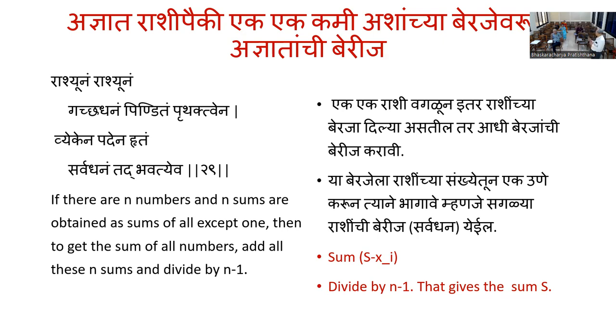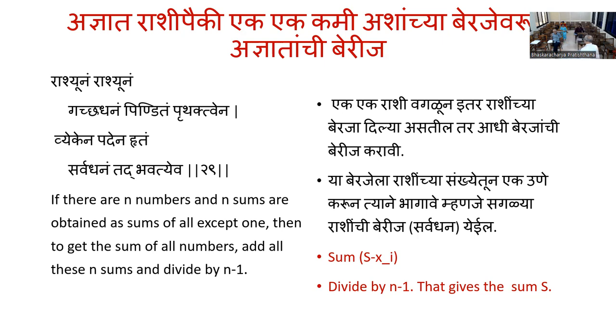The sum x1 plus x2 plus x3 plus x4, you have taken 3 times. So you have to divide by 3, like n minus 1 here, and that gives us the sum. So basically this is what he has done: if there are n numbers and n sums are obtained as sums of all except one, then to get the sum of all numbers, add all these n sums and divide by n minus 1. So he has given the method to obtain the answer.